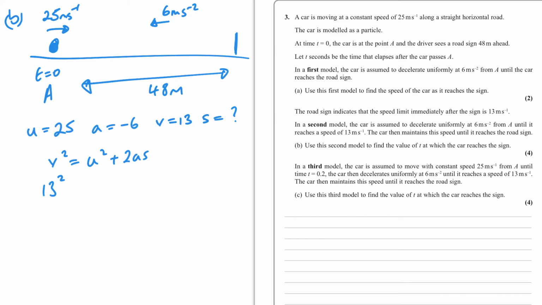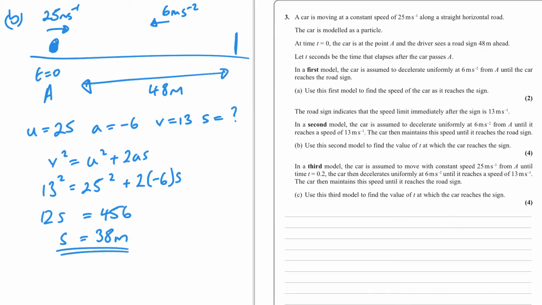This time we know what v is. So just rearranging, we get 12s equals 456, and dividing by 12, we get the distance is 38 meters. So if I think to my diagram now, I'm traveling 38 meters when I'm decelerating, and then the final 10 meters is going to be at that constant speed.